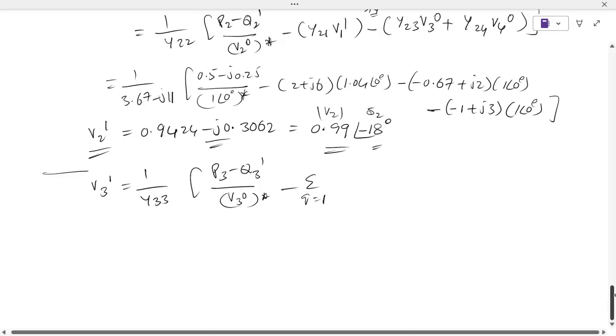P minus 1 is 3 minus 1, that is 2. So Q is equal to 1 to 2, Y PQ VQ dash, minus sigma Q is equal to P plus 1, that is 3 plus 1, 4 to 4.